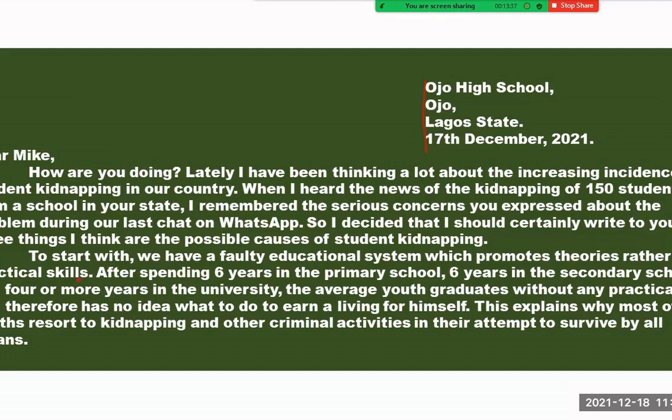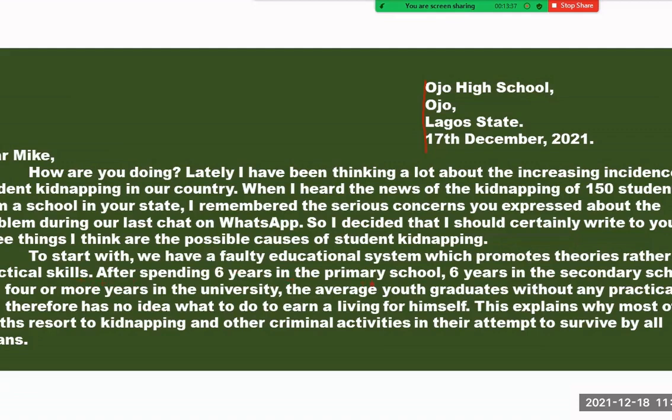You are saying that this is one of the possible causes, but then you have to explain this for the reader to understand. You don't just mention a faulty educational system without explaining how it becomes a real cause of student kidnapping.